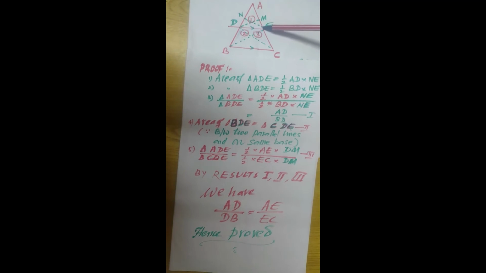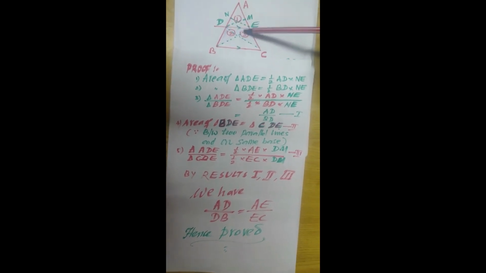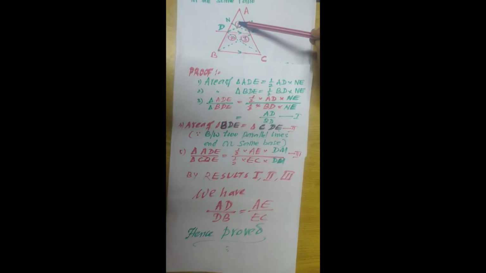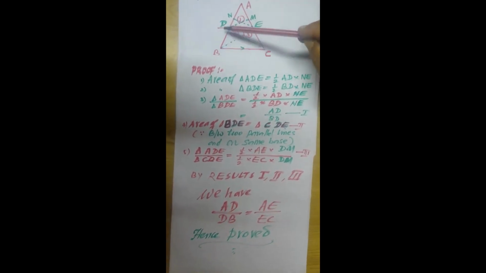Now we are considering the area of ADE and also the area of BDE. ADE, the upper triangle, divided by the lower triangle, that is BDE.